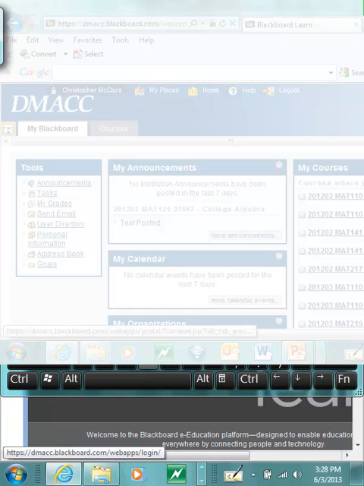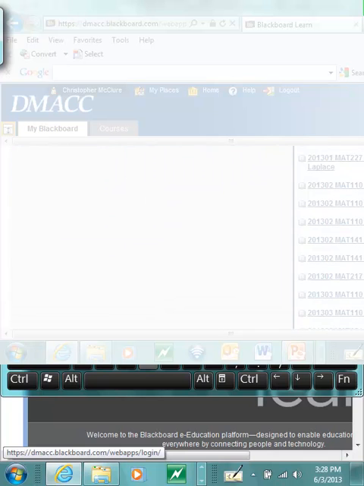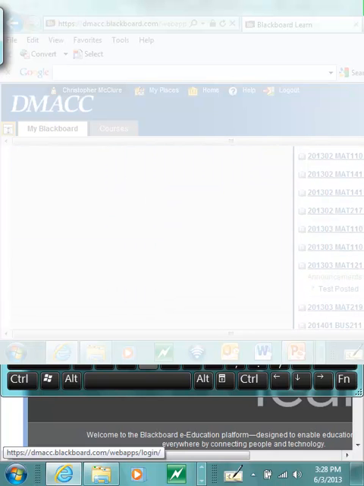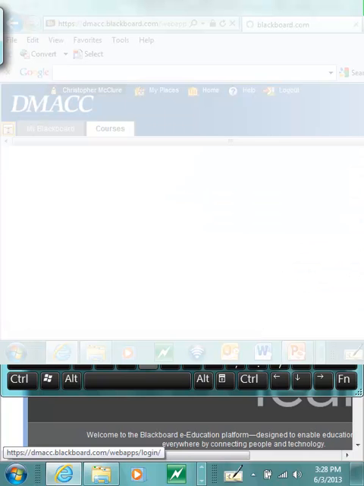So anyway, I'm not sure what that white screen is. Probably has to do with my recording area. So locate the link for college algebra on Blackboard.